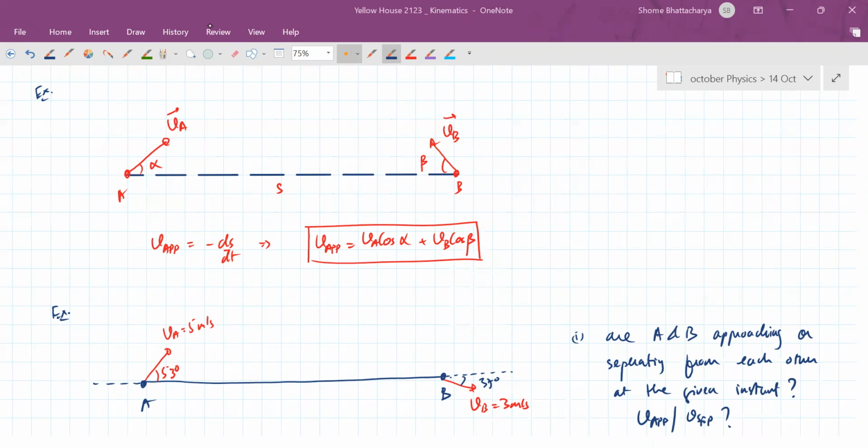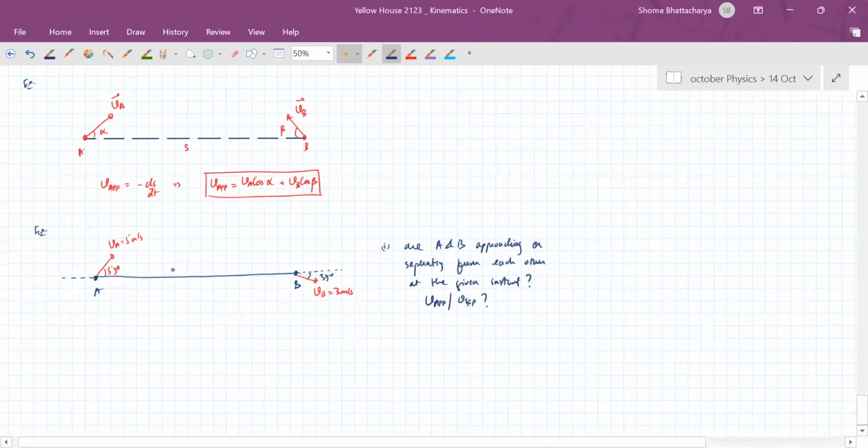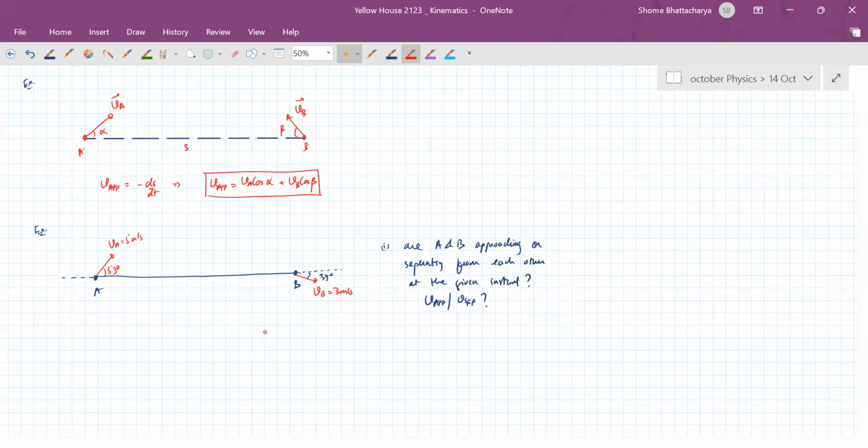That's correct. They have an approach velocity because the component of A towards B dominates. Okay. So you can see that they have an approach velocity of, in this case, VA cos 53. But this one is actually moving away. So it's minus VB cos 37.